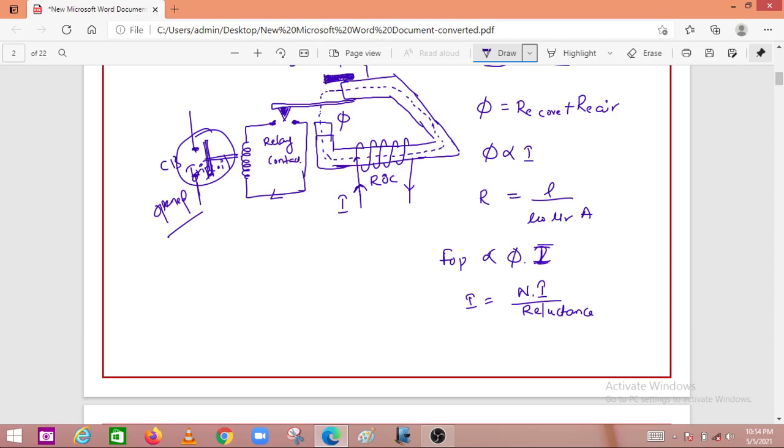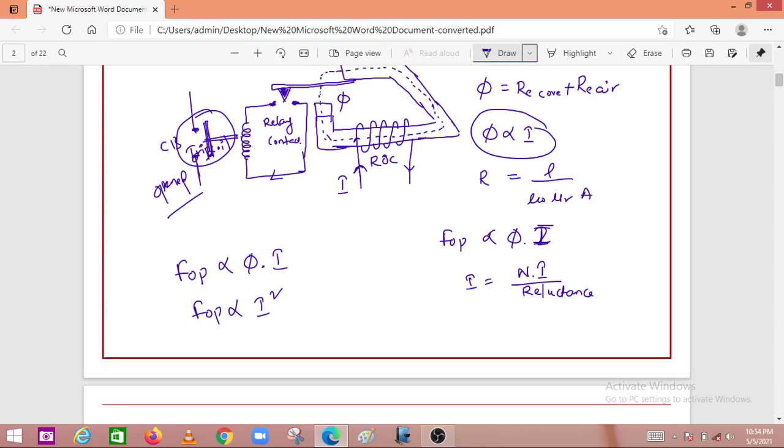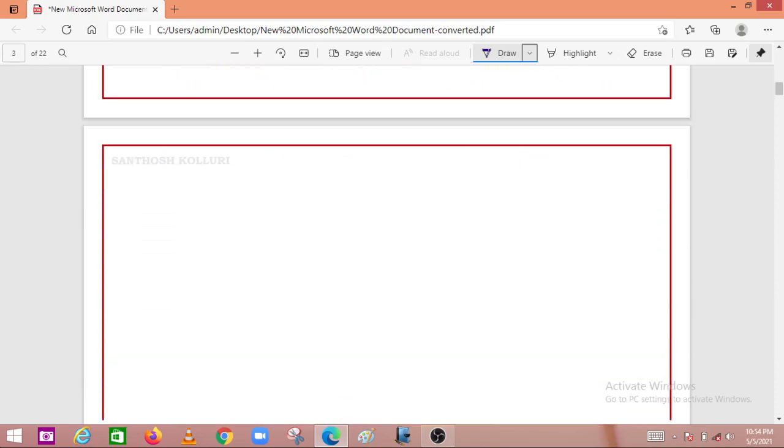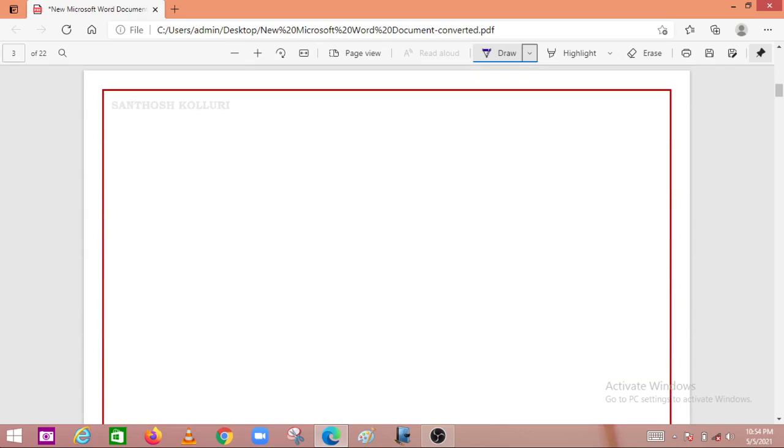So therefore we know that the operating force is directly proportional to phi into I. Here phi is directly proportional to I, so therefore the operating force is directly proportional to I square. To avoid the proportionality constant, the operating force is equal to K into I1 square, or I square.